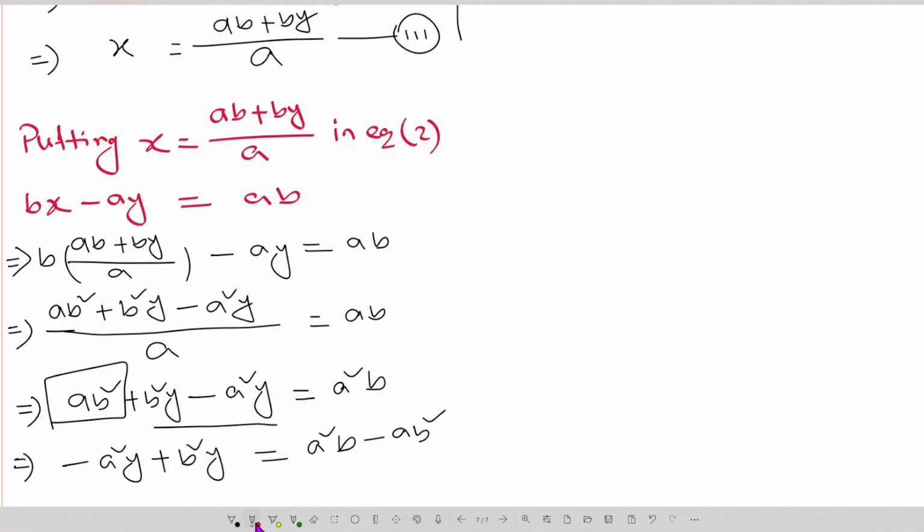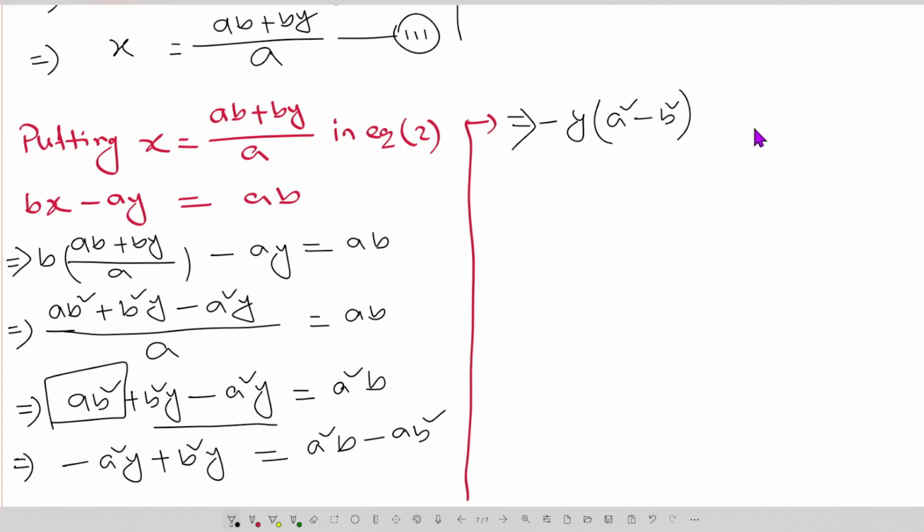Now we can take common minus y, so here is a square minus b square equals, here we can take common ab, here is also a minus b.